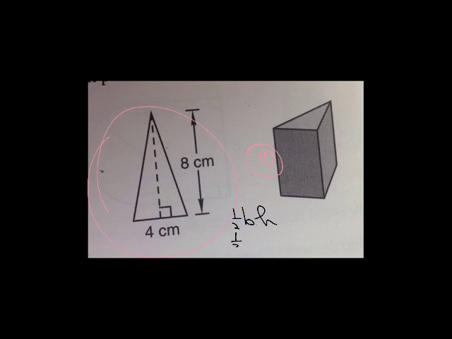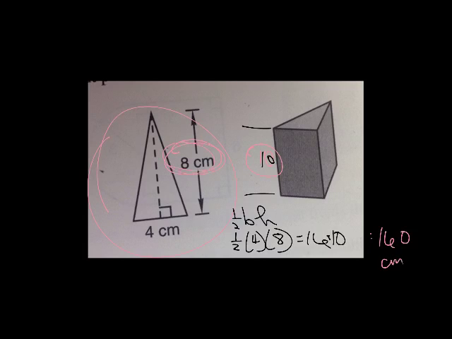So 1/2, the base is 4, the height is 8, so that's 16. This height is 10 from here to here, so we multiply that by 10 and get 160 cubic whatever, cubic inches, cubic feet, whatever they tell you it is. In this case they said centimeters, so it would be 160 centimeters with an exponent of 3 on top.